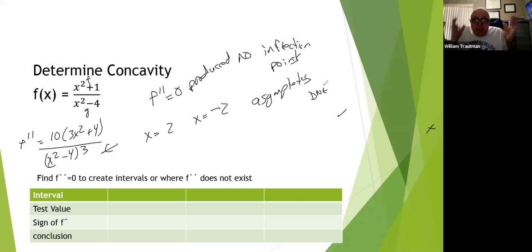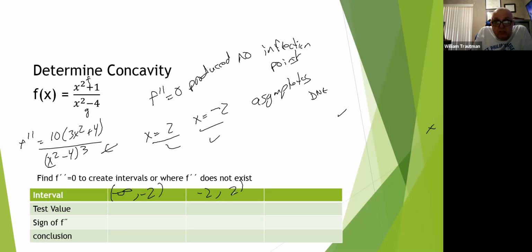Do you see? That's the part of the asymptotes. So that's where we're going to have our intervals from -infinity to -2. Then we go again from -2 to +2. Then we go again from 2 to infinity. Those are our intervals. We use those asymptotes because it does not exist at 2 or -2.